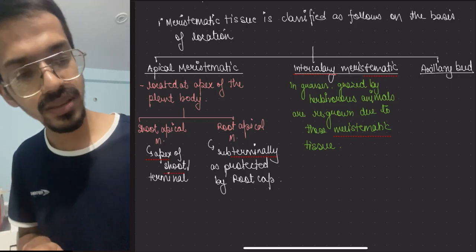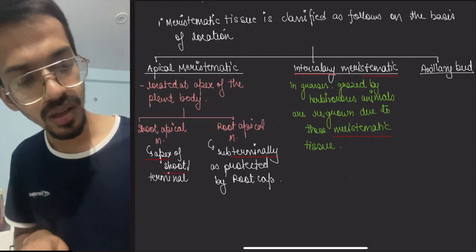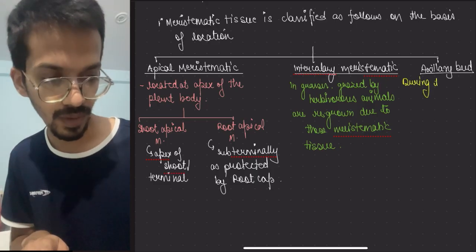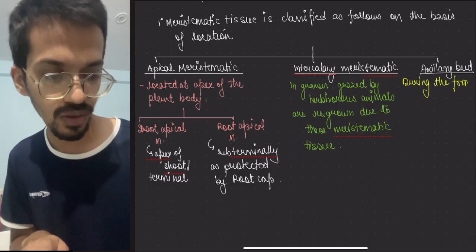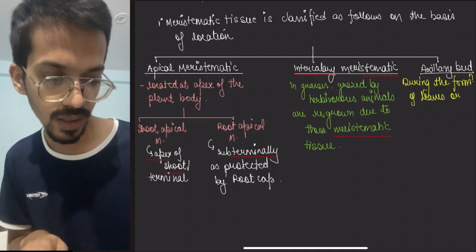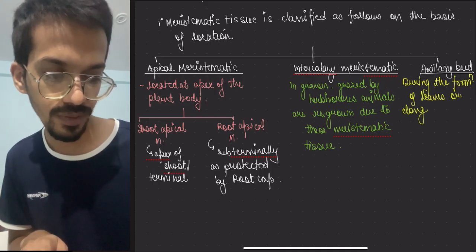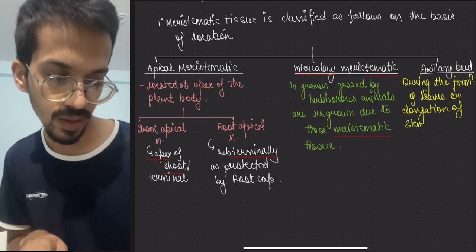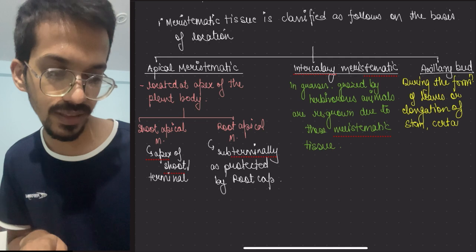So during the formation of leaves or the elongation of the stem, some cells are left behind.